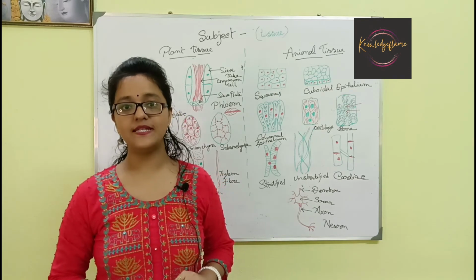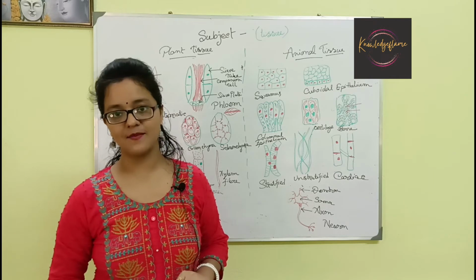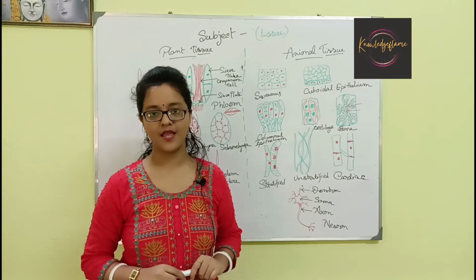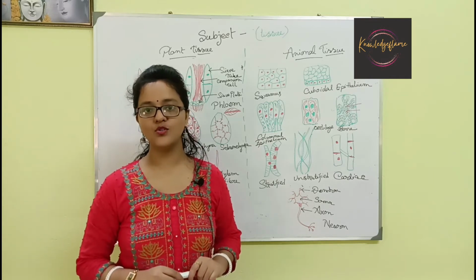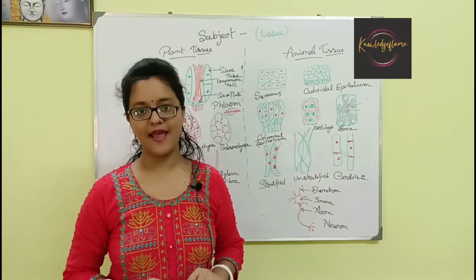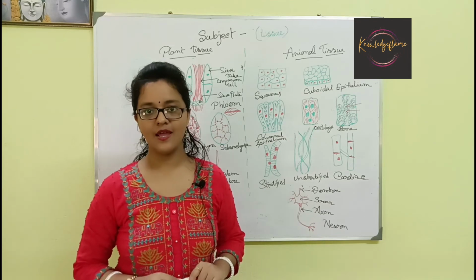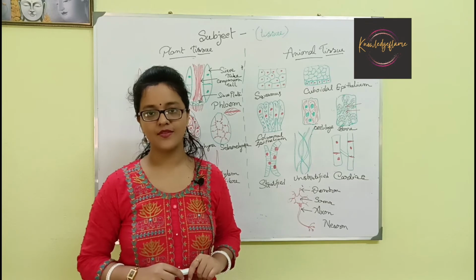First of all, I will talk about meristematic tissue. At the tip of the root and stem of a plant, we will see meristematic tissue.